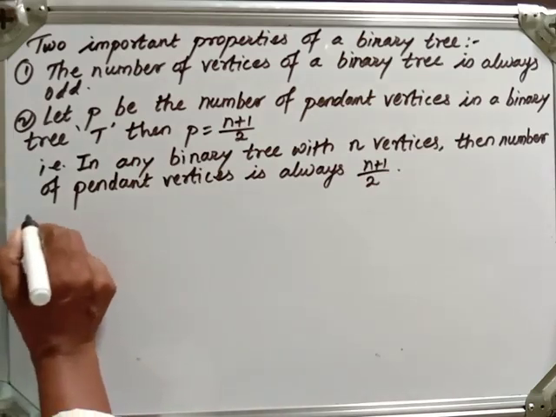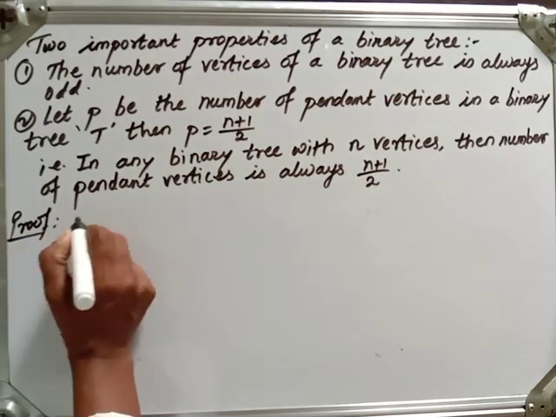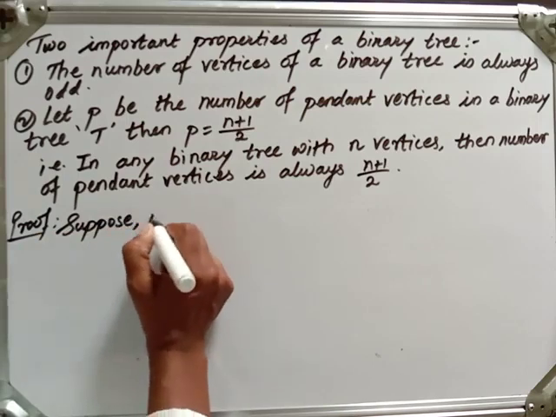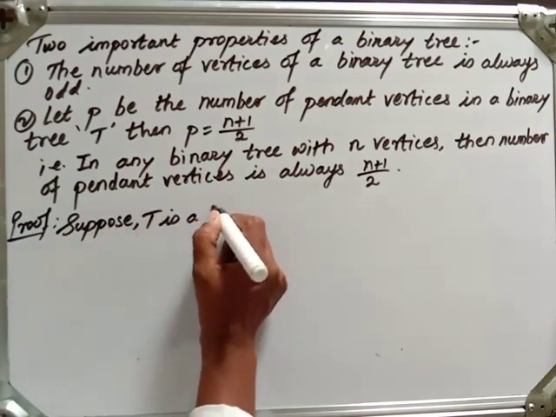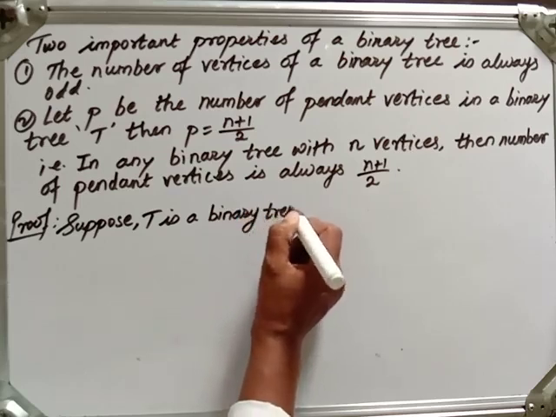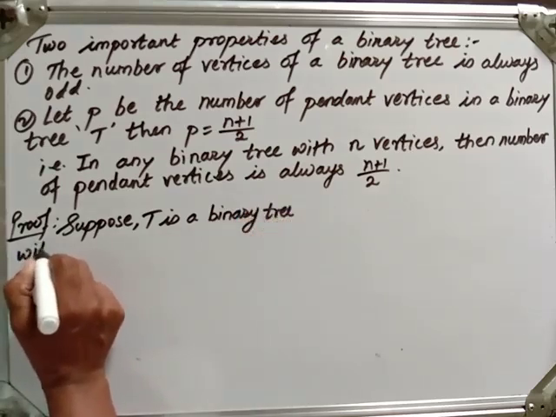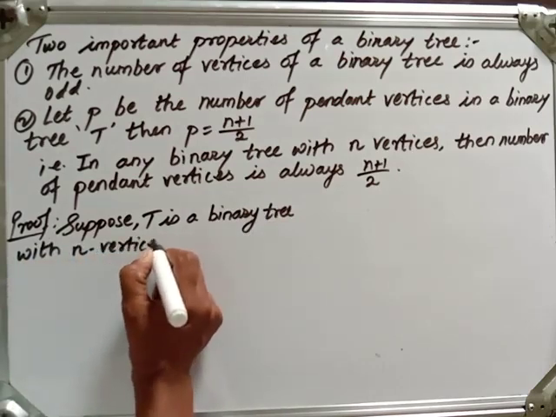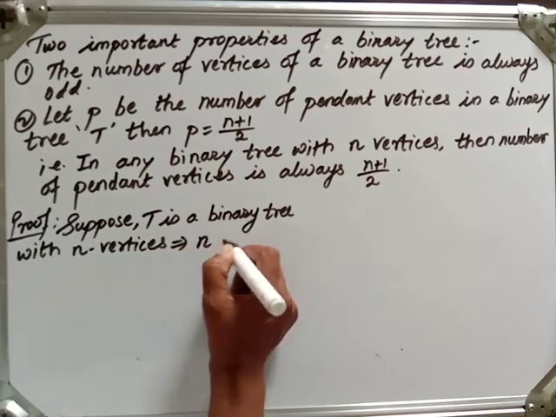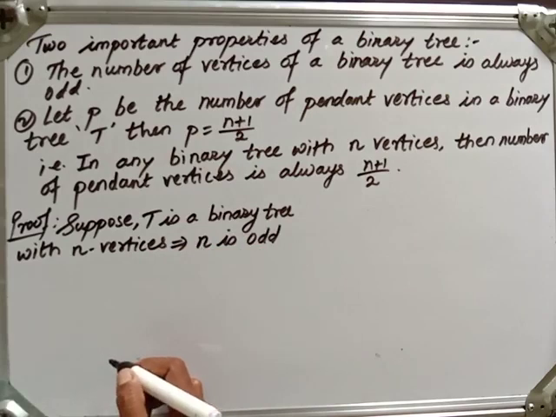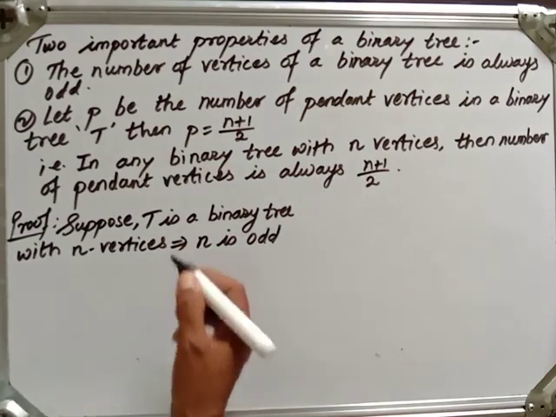Now the proof of this. Suppose T is a binary tree with n vertices. This implies n is odd. It is a binary tree with n vertices, so n will be odd.